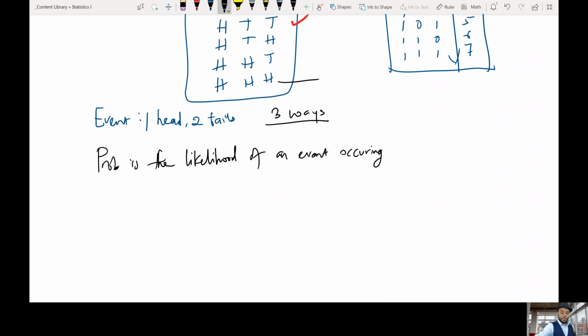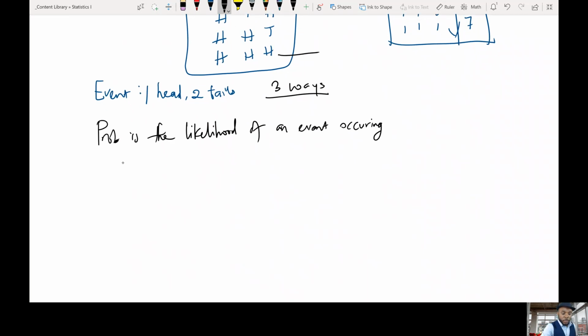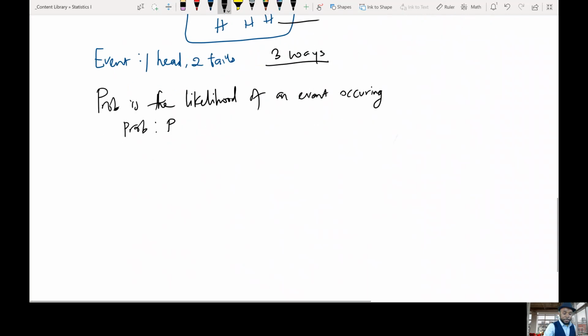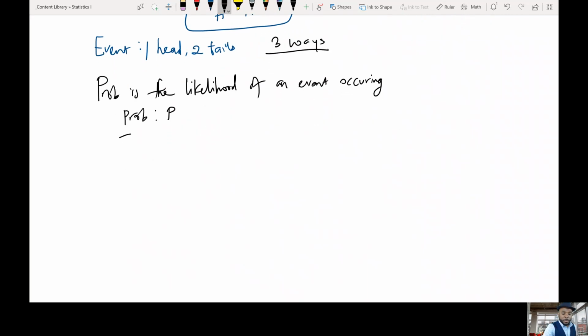So for probability, we usually use the English letter P. And for events, we generally use capital letters.